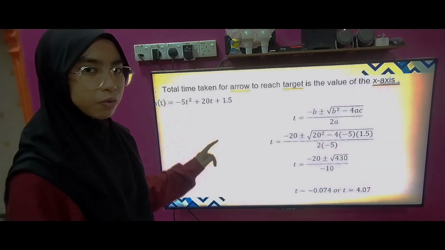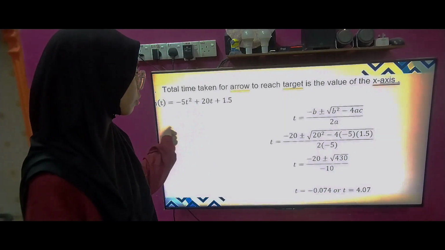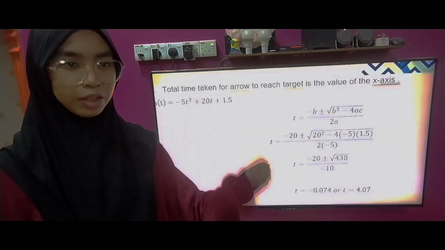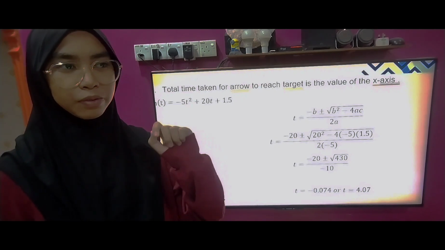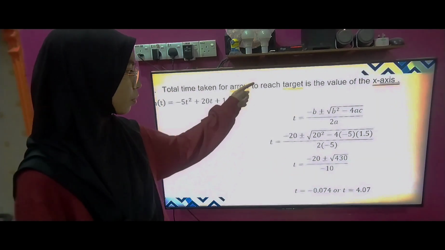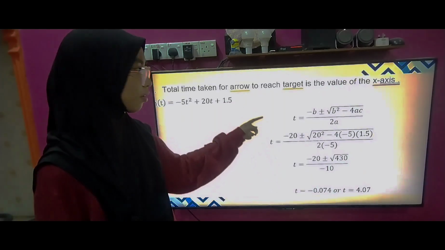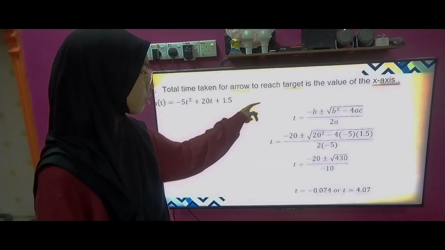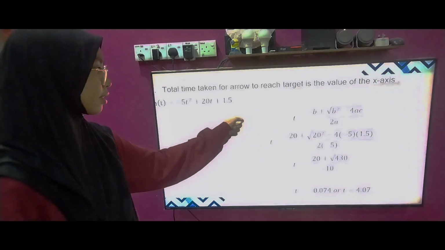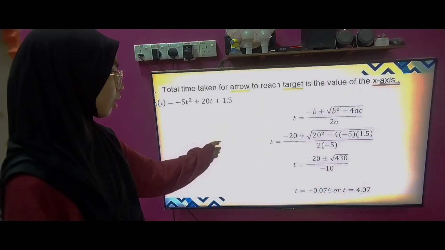where you can use this equation to find the actual time taken for the arrow to reach the target or the ground. So you just put the equation in the formula t = (negative b plus or minus the square root of b squared minus 4ac) divided by 2a.